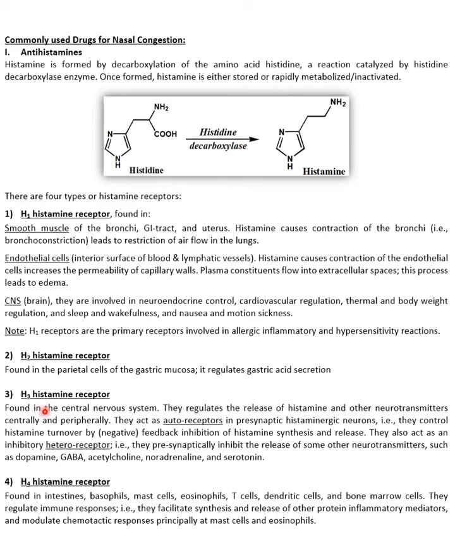The third type of the histamine receptors are available in the CNS, like the H1 receptors, and they actually regulate the release of histamine as well as other neurotransmitters.